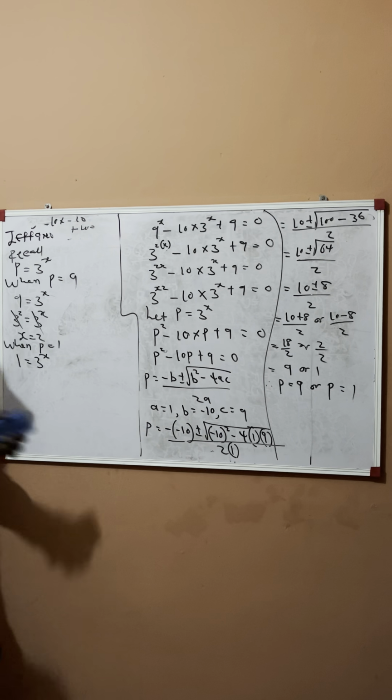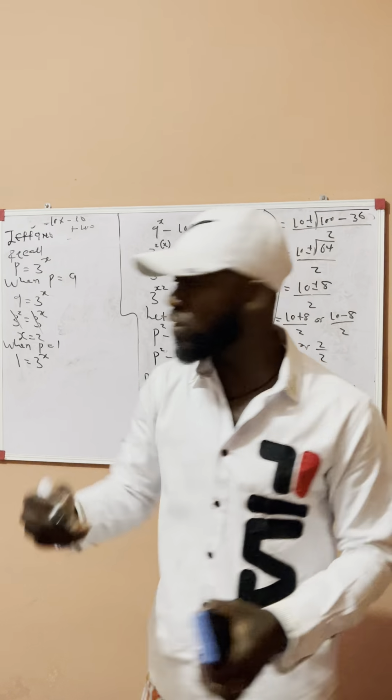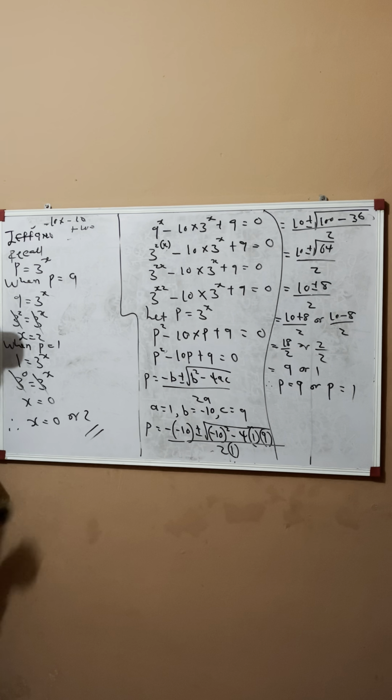It is simple, right? 3 raised to the power 0, because anything raised to the power of 0 is 1. So automatically, here becomes 3 raised to the power of 0 is equal to 3 raised to the power of x. Now the bases are the same. When 3 cancel out 3, x is equal to 0. Therefore, x is 0. Or, what's the other answer we got? x is 2. That becomes the answer to that question.